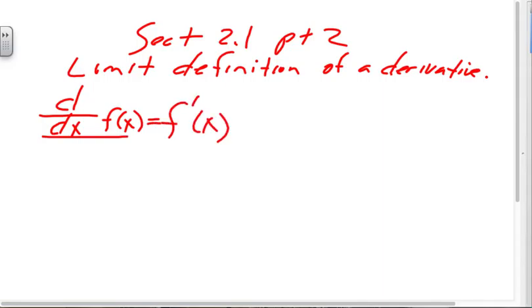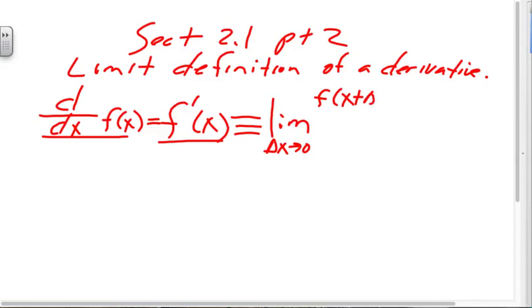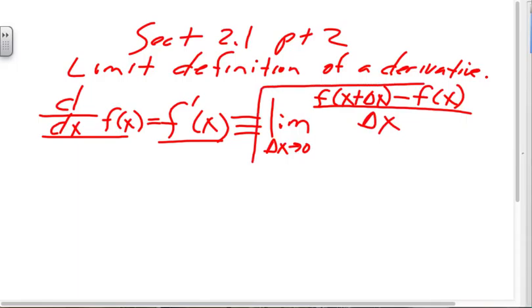Remember, this was Leibniz, this is Newtonian, and it's defined to be the limit as delta x goes to 0 of f of x plus delta x minus f of x over delta x. If this looks familiar, it is. You've already done this for some functions. You found the derivative, and I fooled you into thinking you hadn't done it.